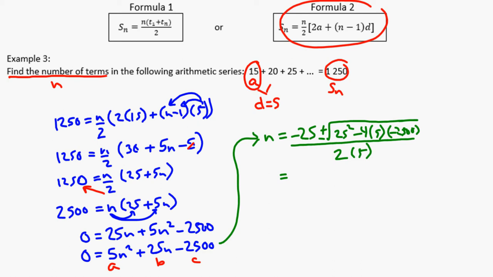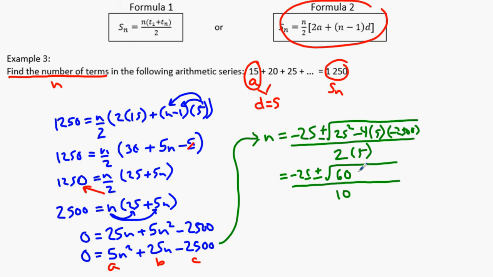So this is going to give me negative 25 plus or minus the square root of, all over 10. If I do this in my head, I believe I get 60,000. I'm not going to do it in my head, sorry. Again, thrilling video, Mr. Wills, come on.